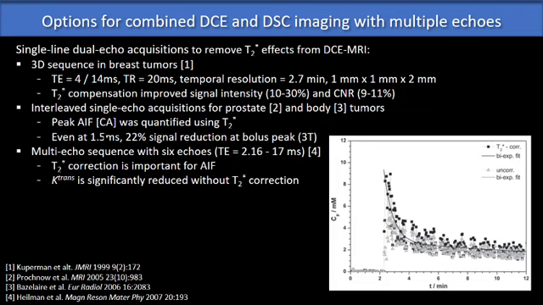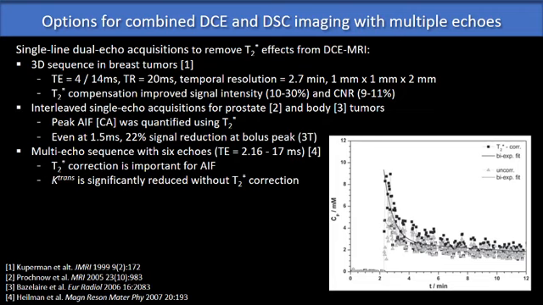Then people started looking at how we can make our DCE better with dual echo acquisitions, so better information for our DCE. I just want to highlight really quickly, we have our first 3D sequence, with pretty terrible temporal resolution for the brain, but they're in breast. They showed that T2 star compensation can improve signal intensity and CNR. We also see some interleaved acquisitions and multi-echo sequences with up to 6 echoes.